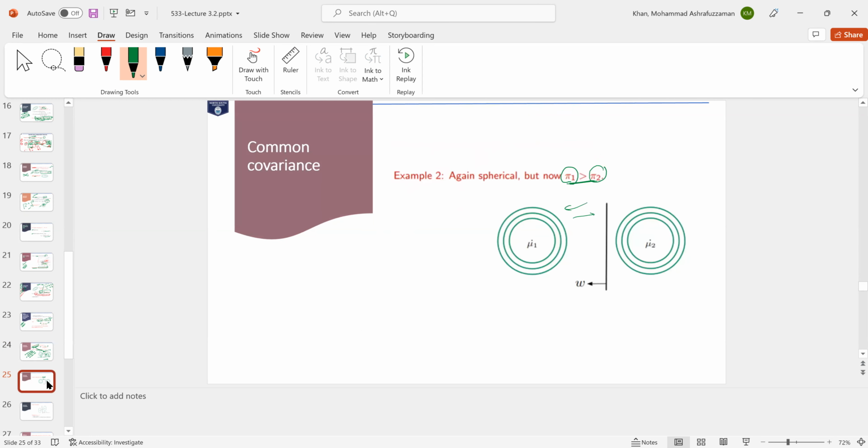But if the class probability for class 1 is higher, then to accommodate more class probability, the separating line will move a little bit right, so that it can give more probability values to class 1. Similarly, if phi 1 is smaller than phi 2, then we'd shift the line a little bit left to accommodate the higher probability of class 2. So the prior will not change the shape of the boundary, it will only change the location of the boundary.